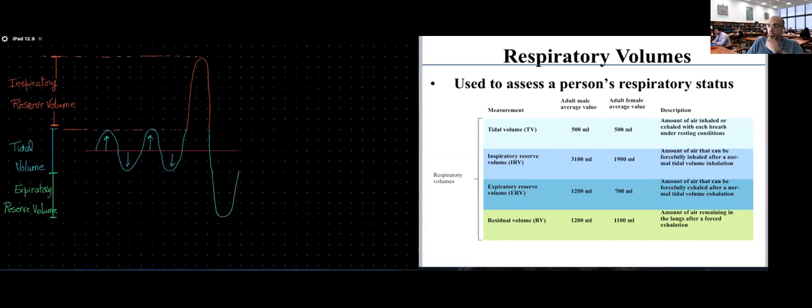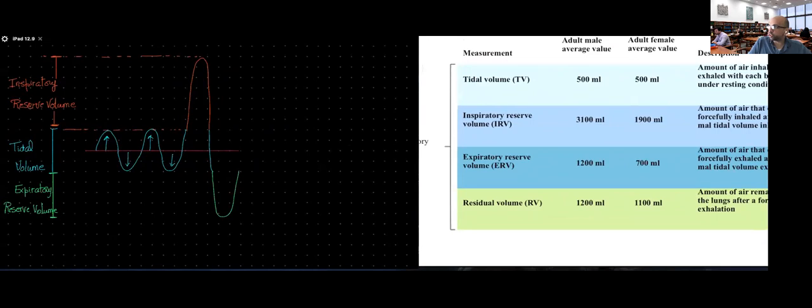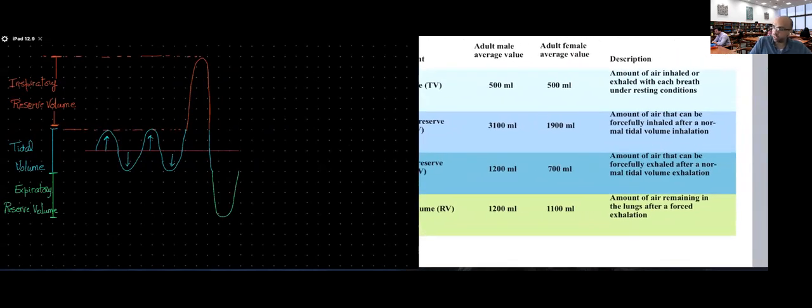So again, we've seen three lung volumes so far. We've got the tidal volume, which is the amount of air that can be inhaled and exhaled with each breath during rest. Can you get extra air more than what you're taking through the tidal volume?